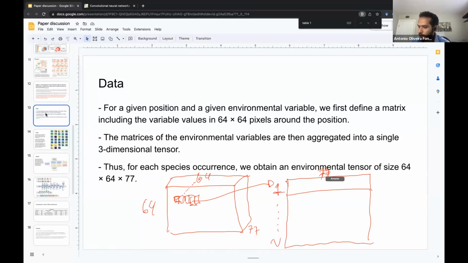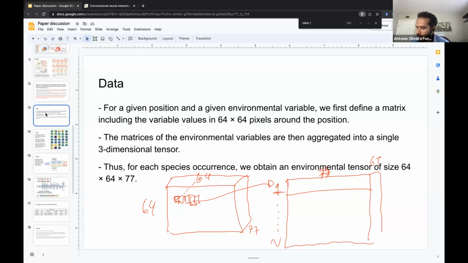And then I can have one more column here that represents whether the species is there or not. So that's the ground truth information in the last column, right?